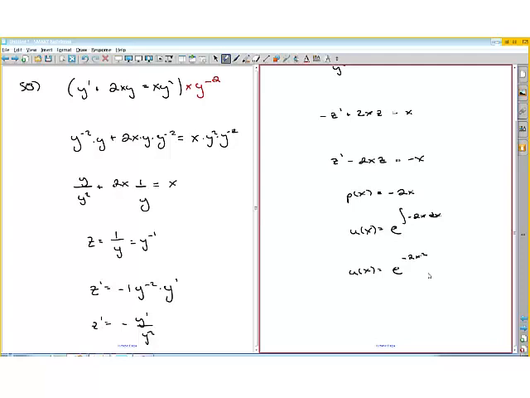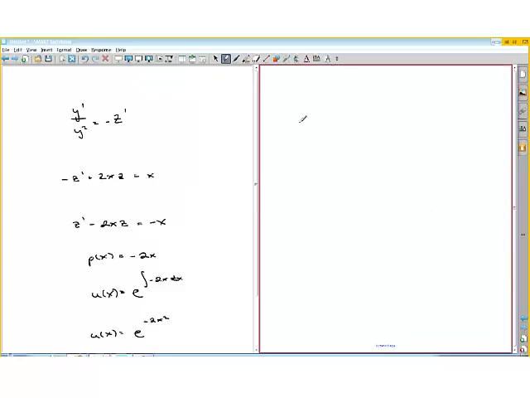Negative 2 comes out, integral of x dx is x squared. So that's my integrating factor. So then I take that integrating factor and I multiply it by the original expression. Like that. This times those two terms can be collapsed into just the integrating factor times the variable, which is z in this case, not y.